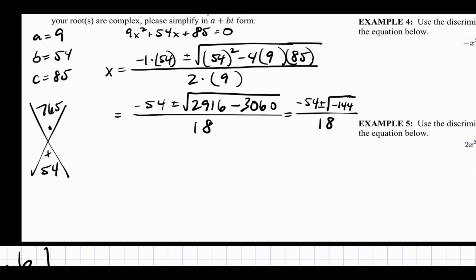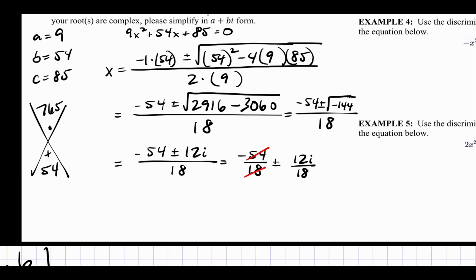Okay, so I get -54 plus or minus 12i over 18. Okay, separate them. -54 divided by 18 plus or minus 12i divided by 18. Okay, reduce.